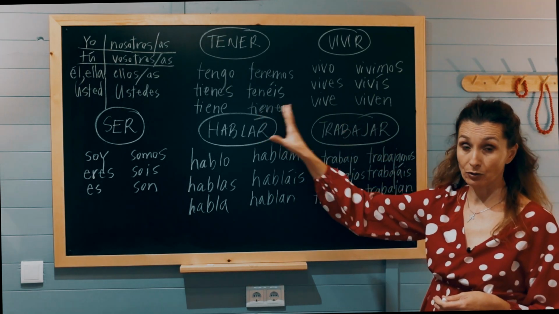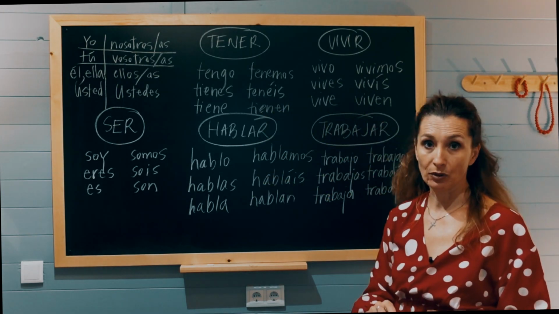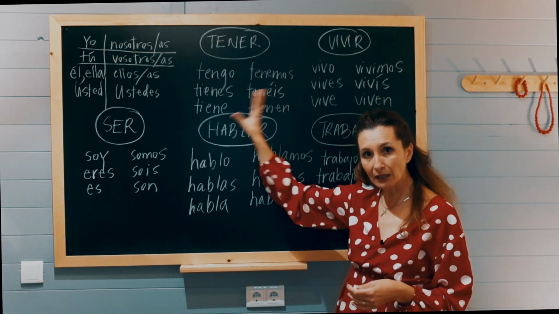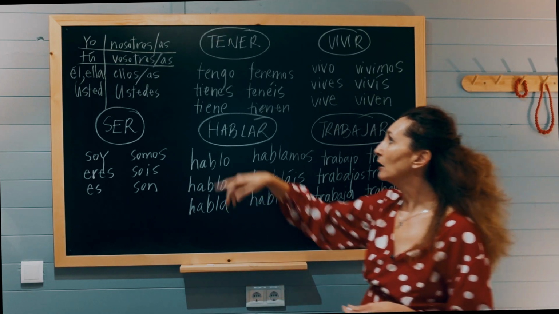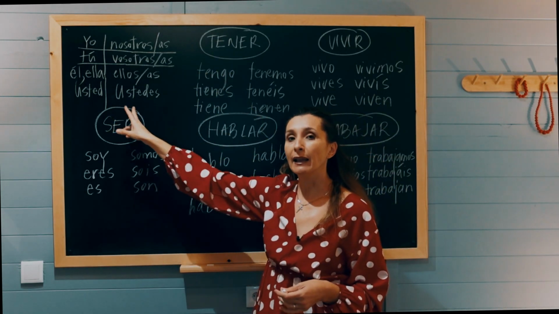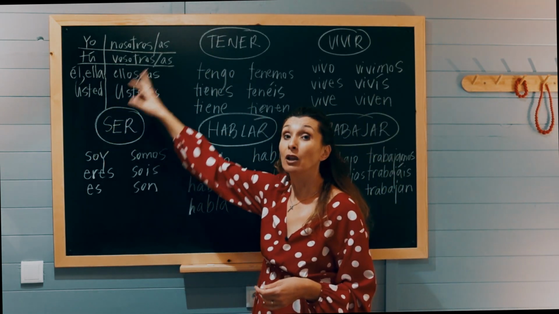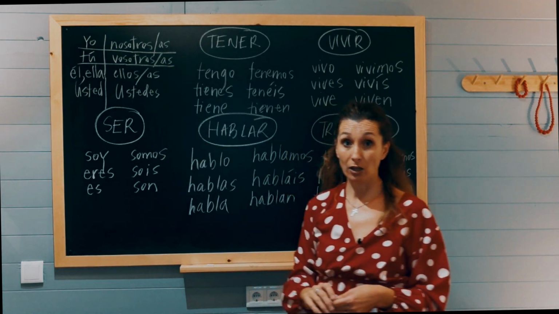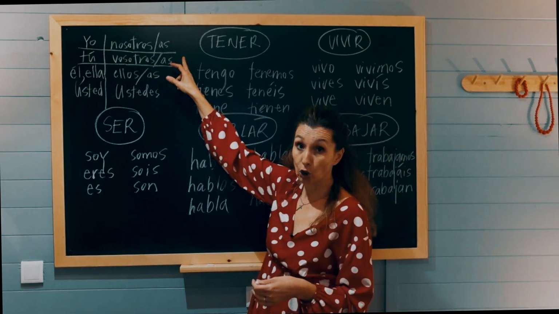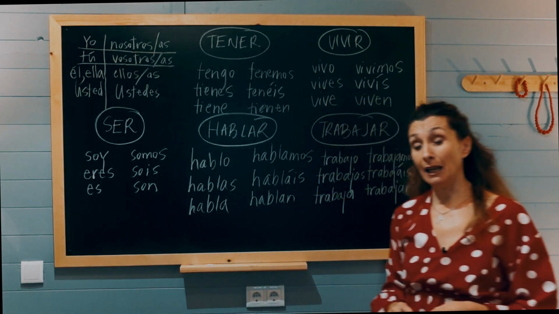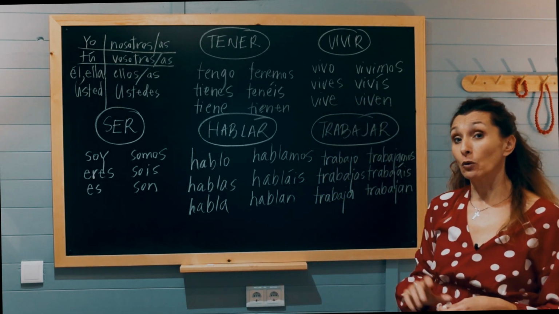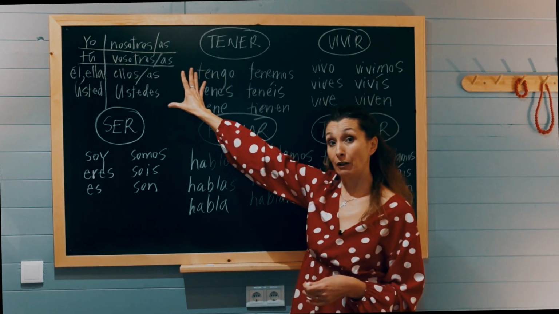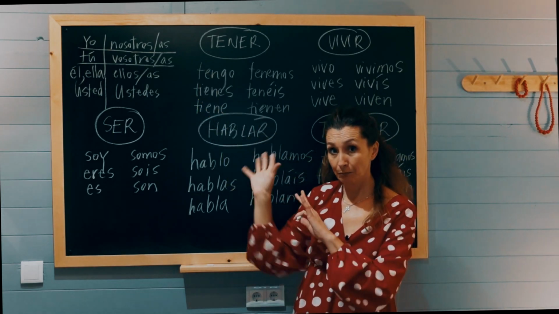Forget about the pronouns. You know the pronouns, okay? And if you need to learn them, take your time and learn. Yo, tú, él, ella, and then usted. Nosotros, vosotros, ellos. And the feminine ones, nosotras, vosotras, and ellas, okay? So learn this first, if you have to, and then put it away.